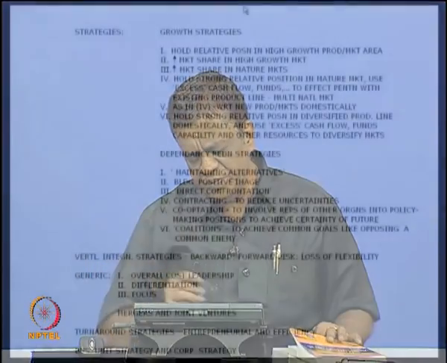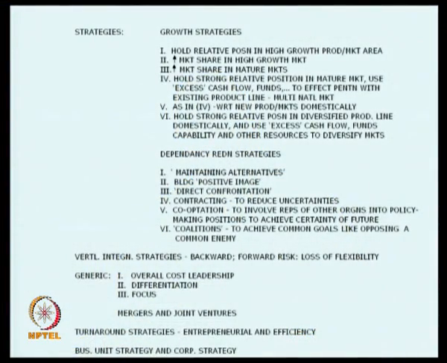All this leads you to one important aspect, that is the different strategies. Why do we want to draw up these strategies? We are looking at drawing up these strategies first for the business unit, and then we want to combine all this to come out with what is called a corporate strategy.